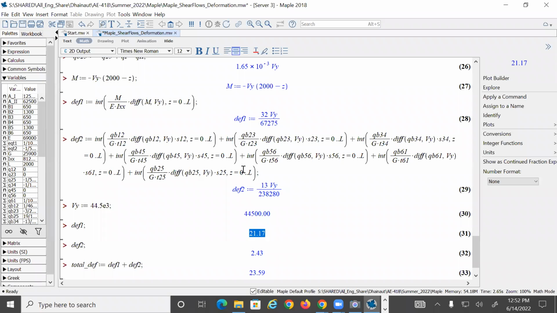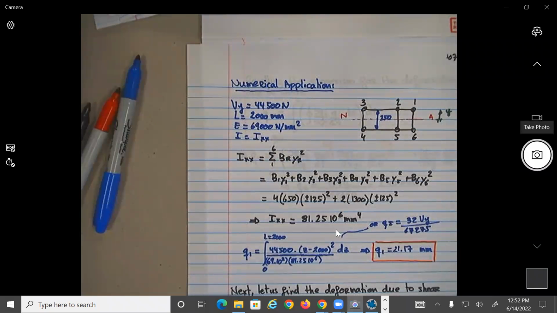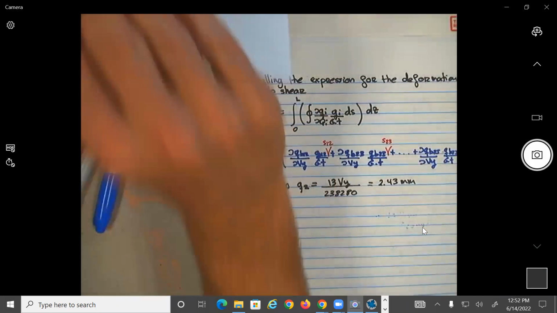So in this one, we can maybe add in this one that Q1 is equal, I'll show you now, equal to 32 Vy divided by 67,275. Okay, so what I've just done is just to add this expression here. Okay, if you want it, you don't need it. I put this expression here.